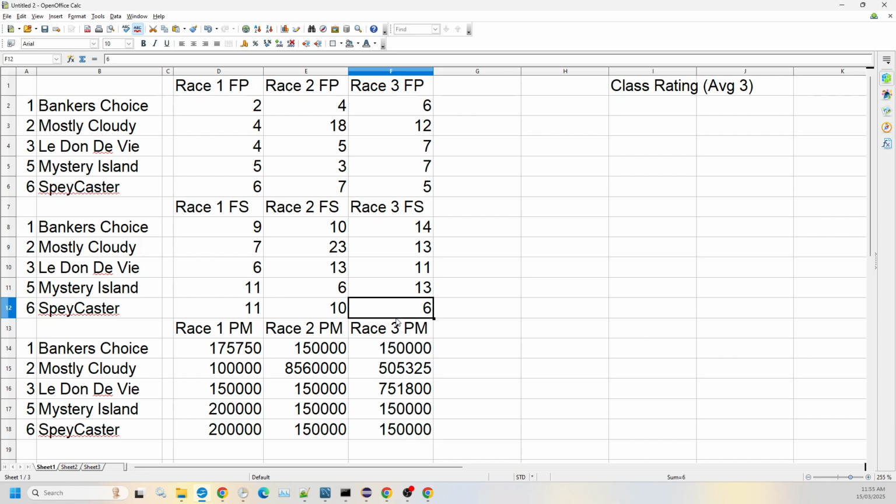Now, you can get a little bit fancy with this and actually put different percentages for first, second, third. So you could weight first as maybe 30% of the overall number and then split the difference over the rest, or give it 50% and split the 50% over the other runners.